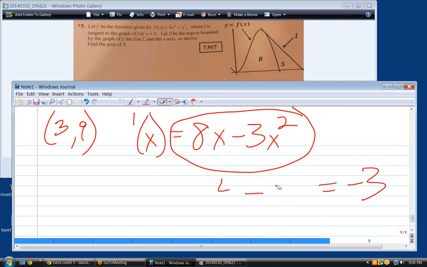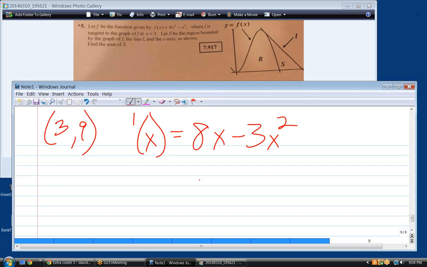So we have a point, we have a slope, we can come up with the equation of that line. What did I say my slope was? Minus 3? So we've got y minus 9 equals minus 3 times x minus 3, using point-slope format.